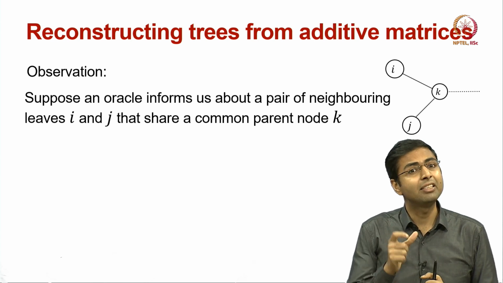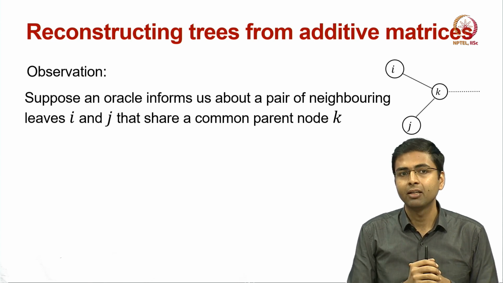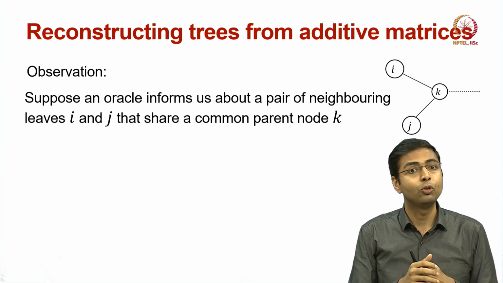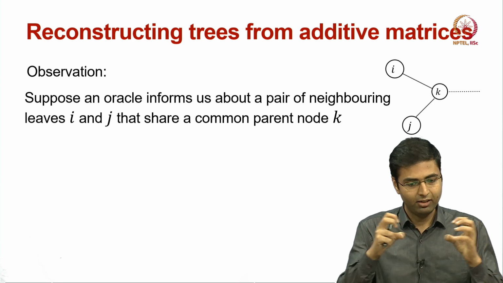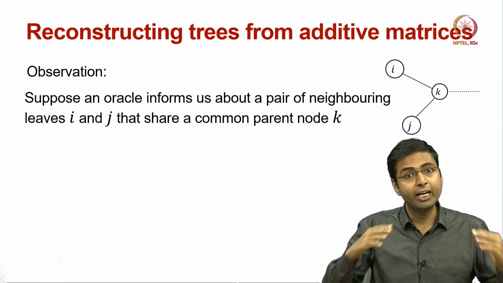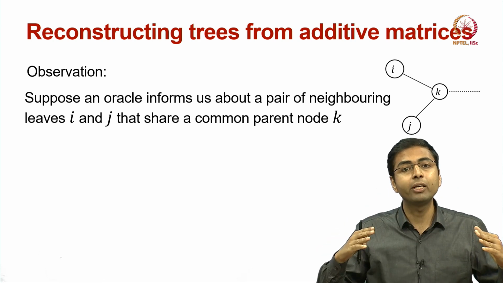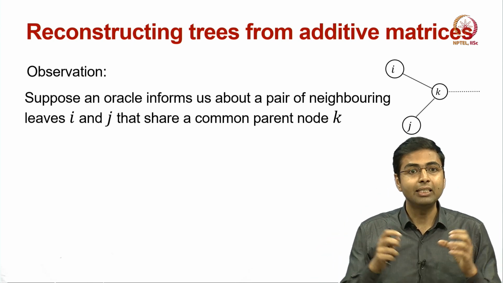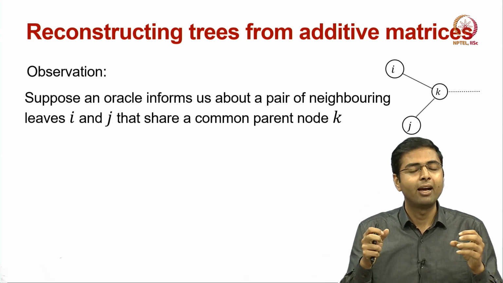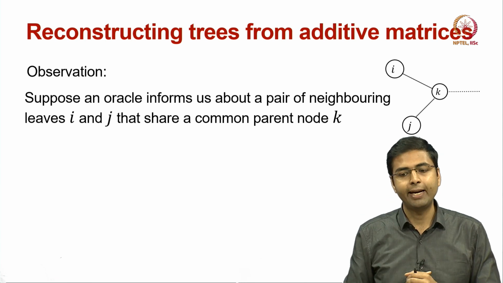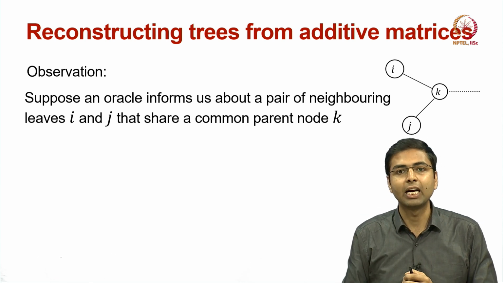So it has given us some information about the tree shape. It is telling us that leaves i and j are neighbors and they share a common parent node k, as shown in the figure above.